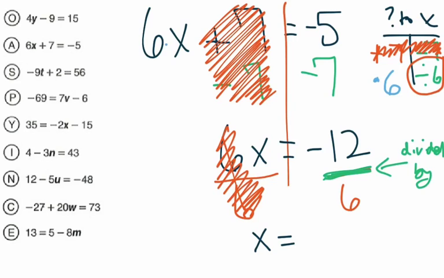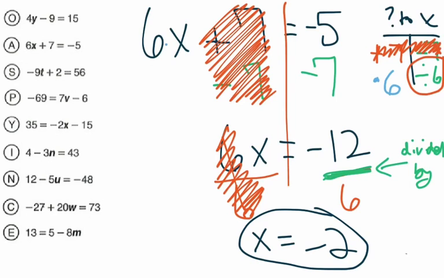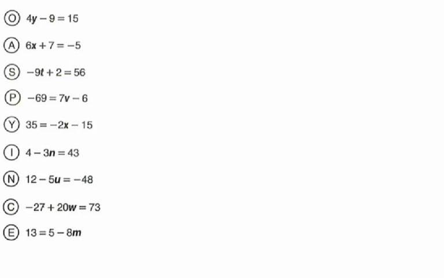So your calculator, you should put -12 divided by 6. And whatever that is, that'll be your answer. And -12 divided by 6 is -2. So x equals -2.